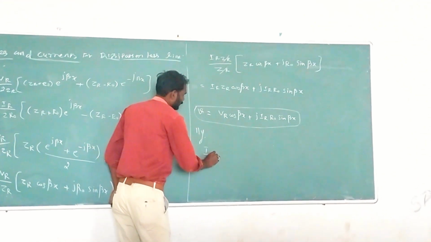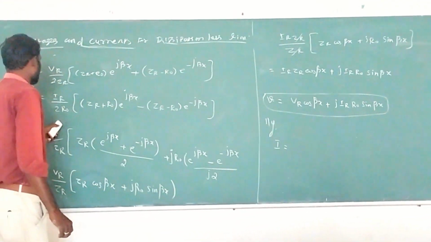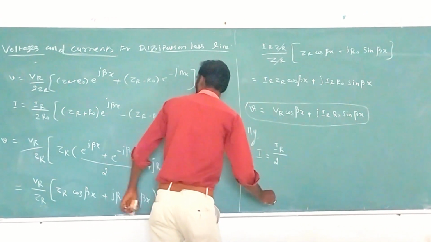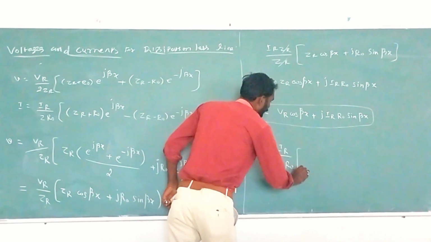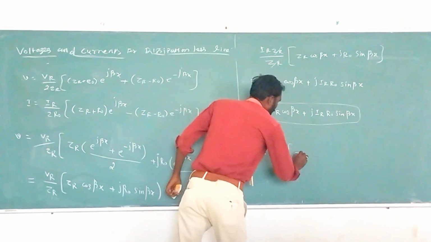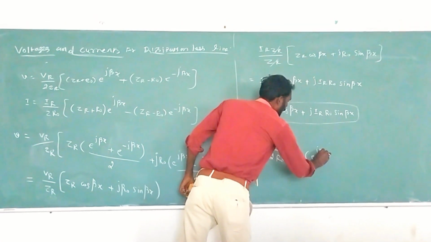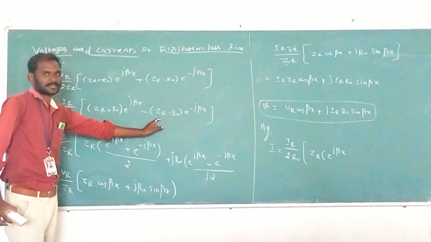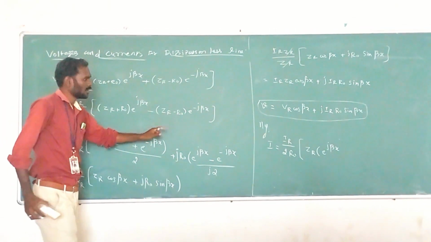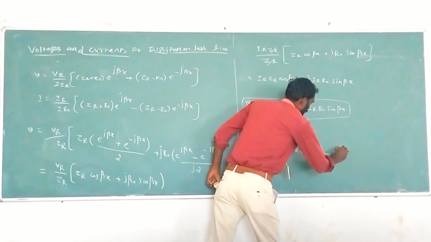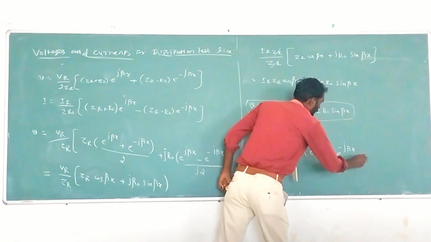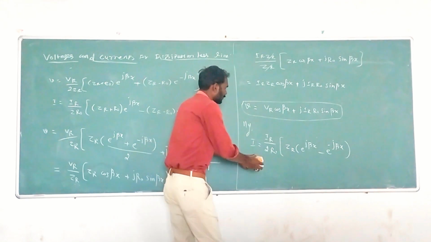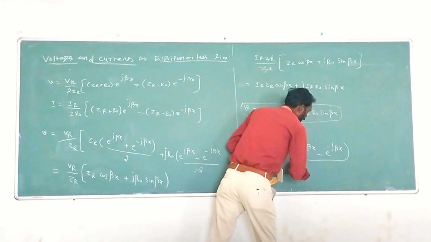I is equal to IR by 2 R naught. Take the ZR as common: ZR into e power j beta x, ZR into e power j beta x, this ZR is a minus, so minus e power minus j beta x, divided by 2.